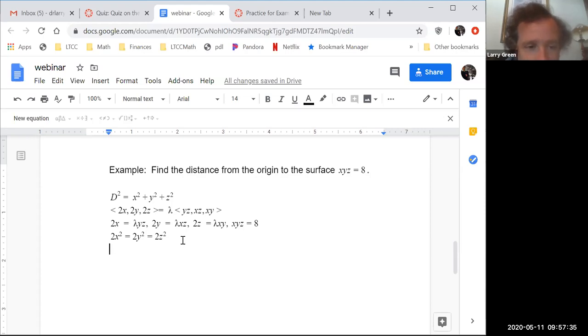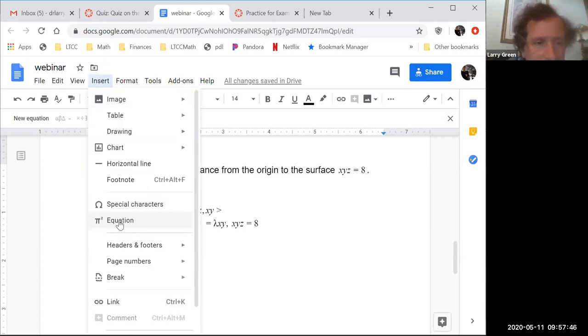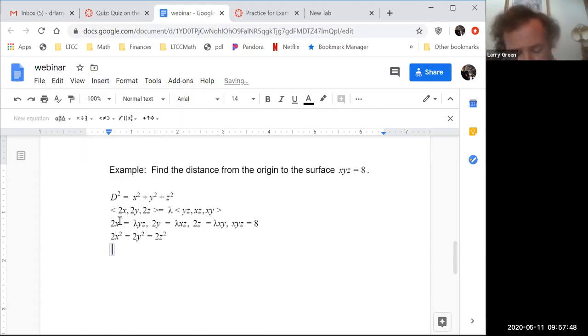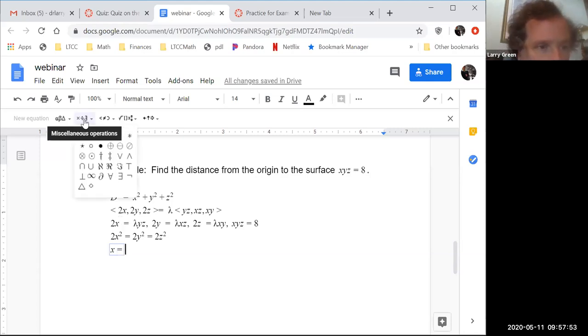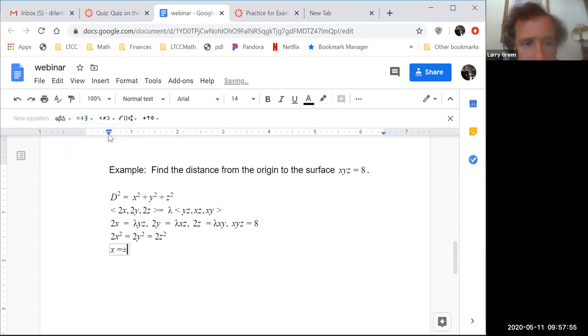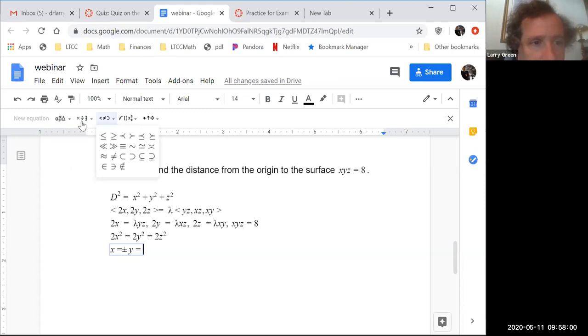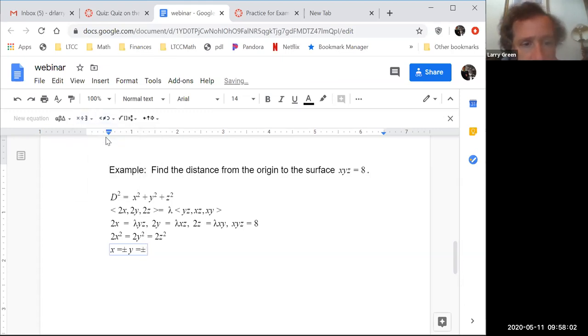Okay, so that means that x, y, and z are all plus or minus of each other. So I can say that x is equal to plus or minus y, which is equal to plus or minus z. Because if x squared equals y squared, then they're plus or minus each other.